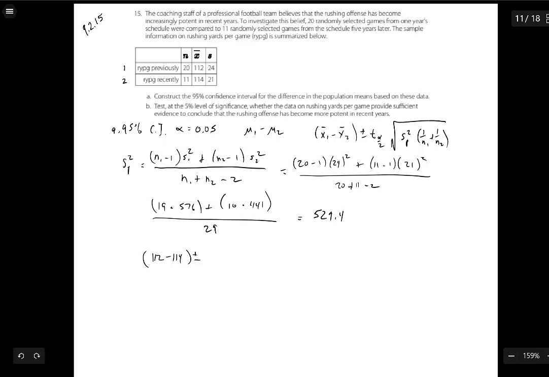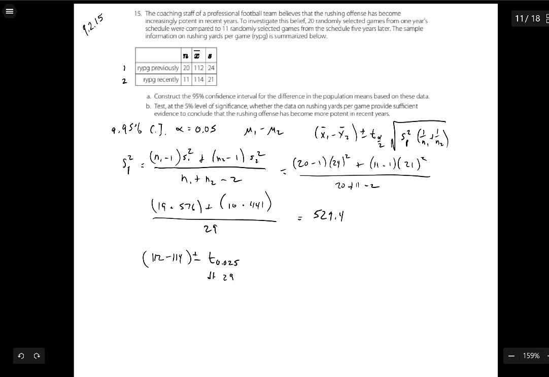This t statistic, the t for alpha over 2, will be a t at 0.025. That's alpha divided by 2. With our t-distribution we need degrees of freedom, and the degrees of freedom is actually this piece of the equation right here. So that gives us degrees of freedom of 29.